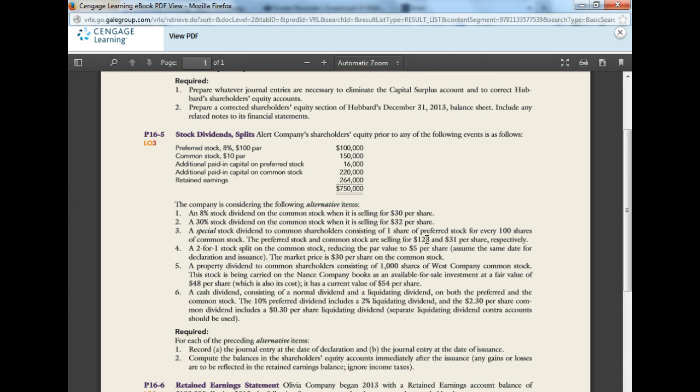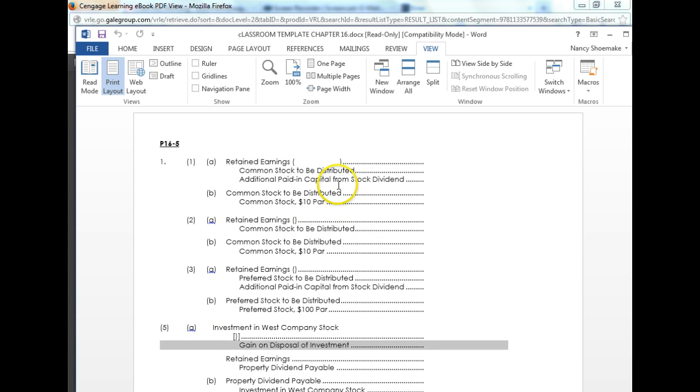Okay, so you took the number of outstanding common stock shares, 15,000, and multiplied by 8%, and that's how you got 1,200 shares. How many agree with that? He's perfectly right. 15,000 shares times 8% is going to equal 1,200 shares.